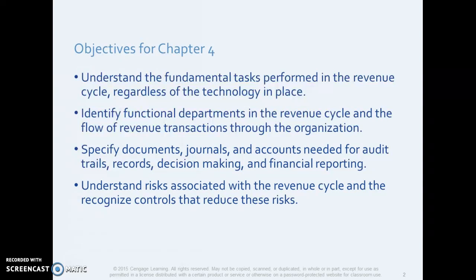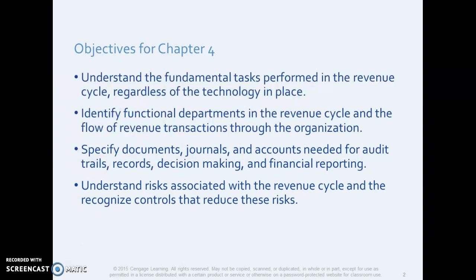We want to identify functional departments in the revenue cycle and the flow of revenue transactions through the organization. We want to specify documents, journals, and accounts needed for audit trails, records, decision making, and financial reporting. We're going to understand the risk associated with the revenue cycle and recognize the controls that reduce these risks.